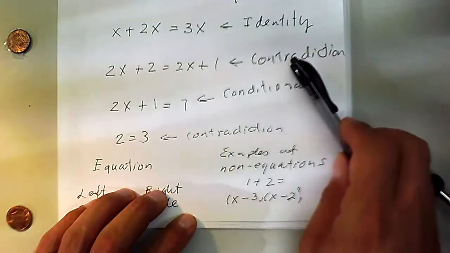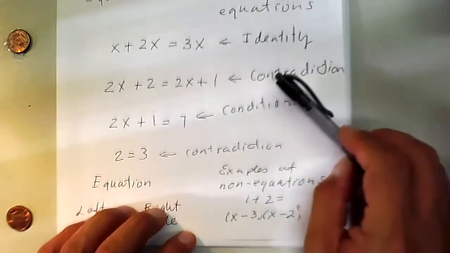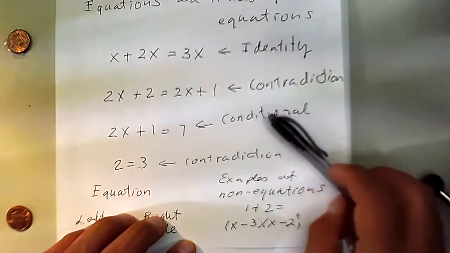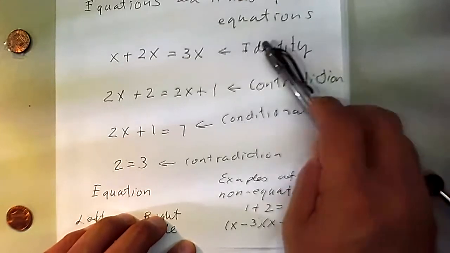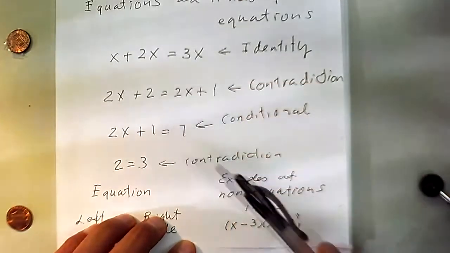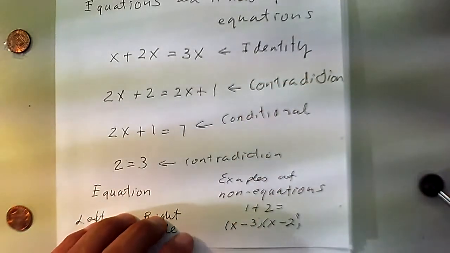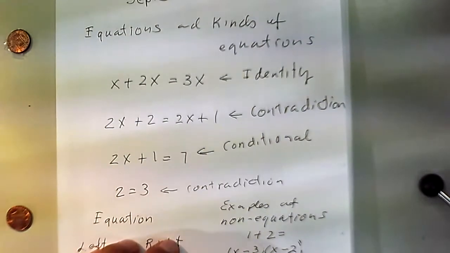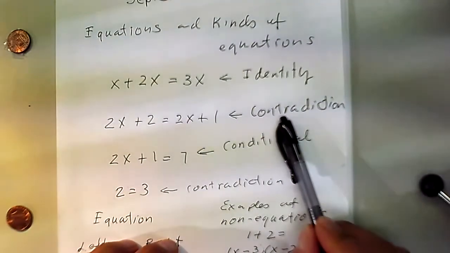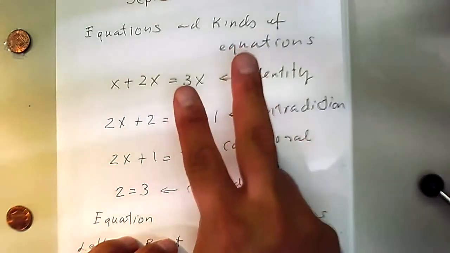So we have contradiction, conditional, identity. Make sure you know those 3, because we have to be able to identify the different kinds of equations we have.